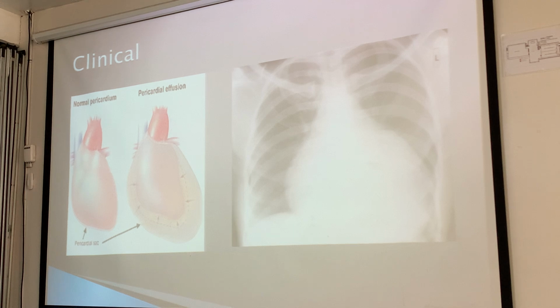But the question now is, you don't just poke your needle anywhere. Imagine, if you poke your needle anywhere here, because anyway, the pericardial effusion is this one. So if I poke my needle straight up here, true, you can still get the fluid because it's all the way up here.